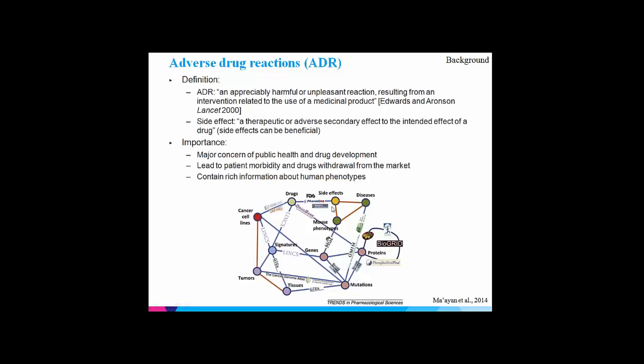So here is a graph showing the different entities that are of interest to systems biologists, and we can see that side effects are closely related to drugs as well as mouse phenotypes and diseases. So a good knowledge of the mechanisms of side effects is pretty important for studying the whole system.